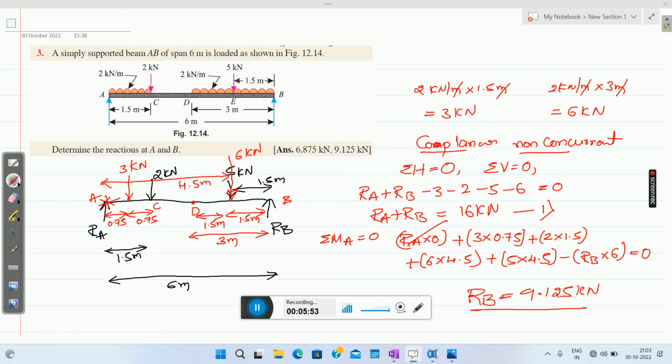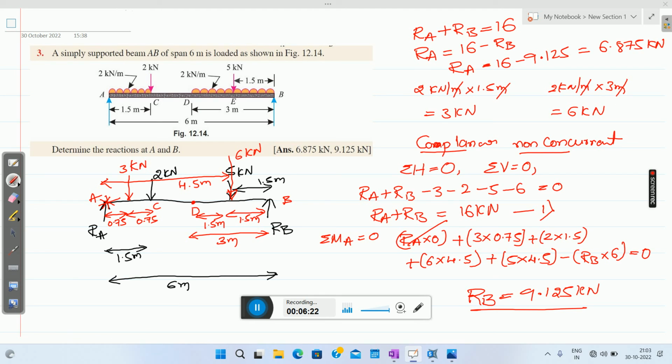From equation number 1, RA plus RB equals 16, so reaction RA equals 16 minus RB, which is 16 minus 9.125, equal to 6.875 kilonewton.